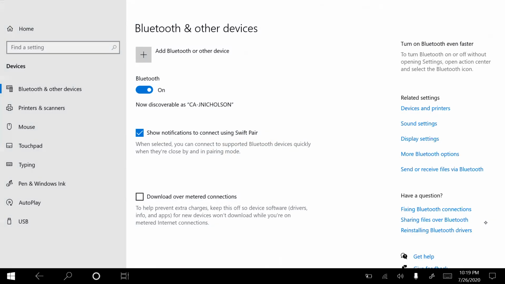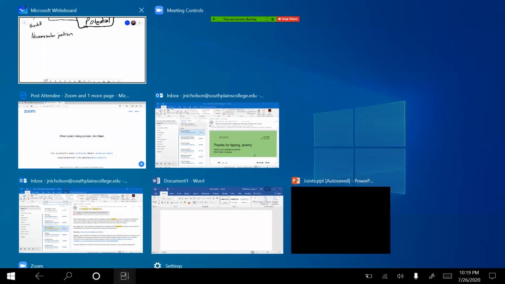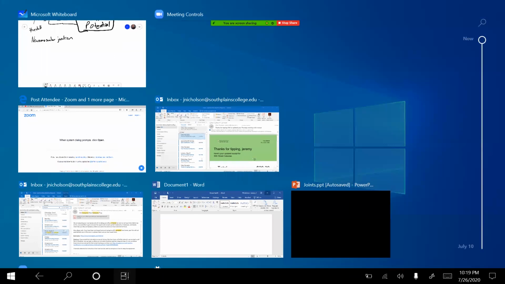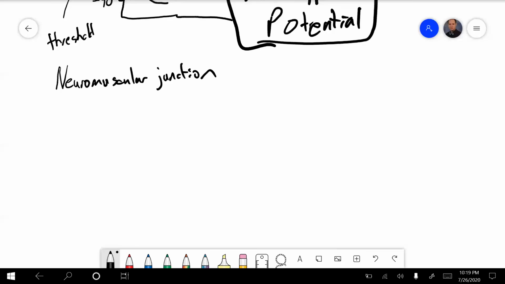Now, in skeletal muscle, every skeletal muscle has a neuromuscular junction. So let's draw this.